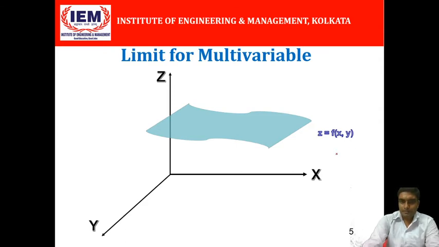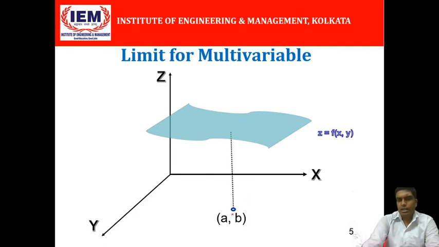Here I want to find the limit at some point (a, b) that belongs to the xy plane, because x and y are the two independent variables, and I want to see whether the limit exists at that particular point.